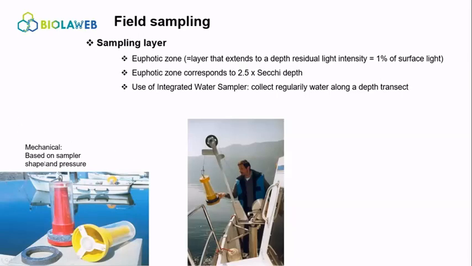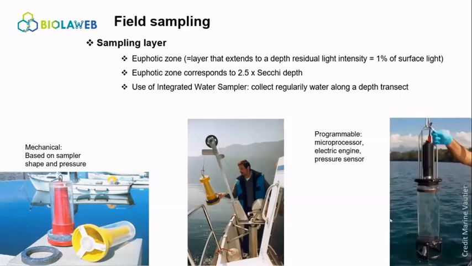We can use mechanical samplers like this, which is based really on the shape of the bell and the pressure, or something programmable, with a small microprocessor, an electric engine, and it's like a syringe which lets the water enter this tube progressively when the pressure, the depth, is increasing.